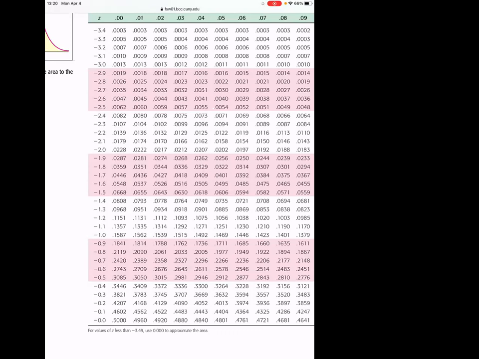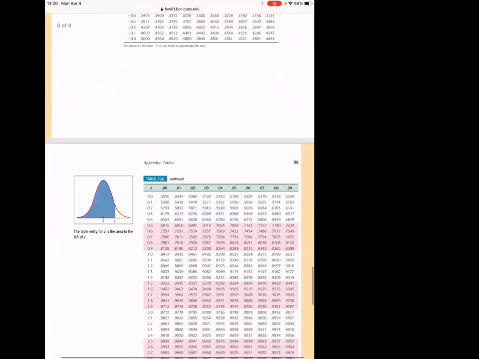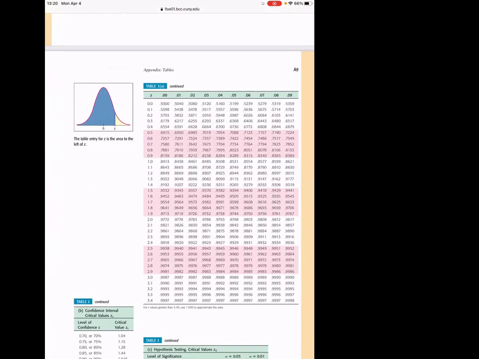So this first page is for negative values of Z. On the next page of the table, you have the positive values of Z. Be careful, there is a difference when your Z is negative and when your Z is positive; you get different answers. But you always get the area to the left of Z. This table gives you the area to the left of Z, always the left, not the right.